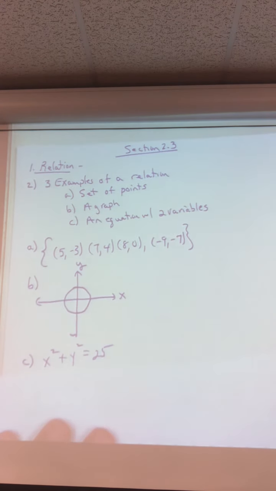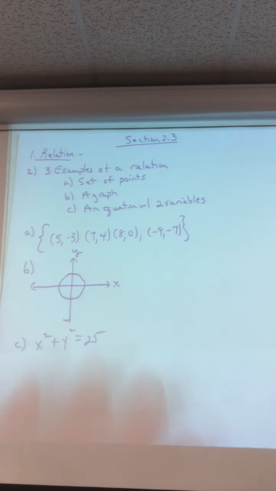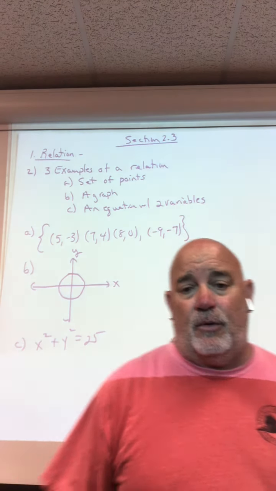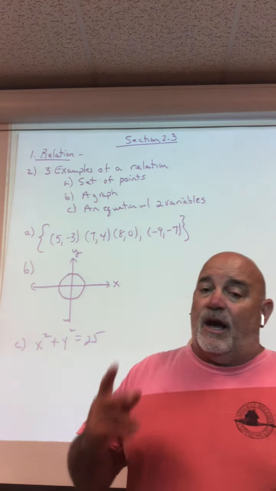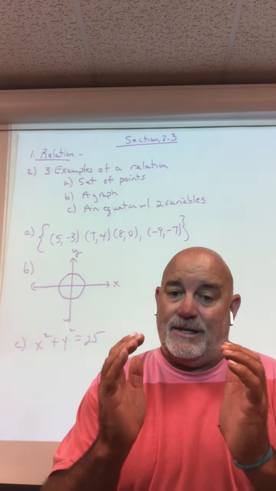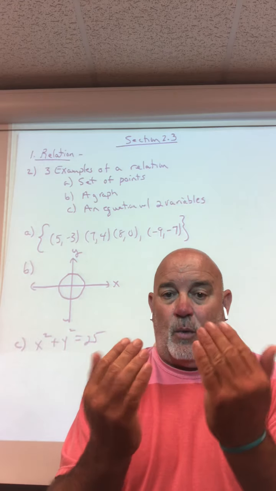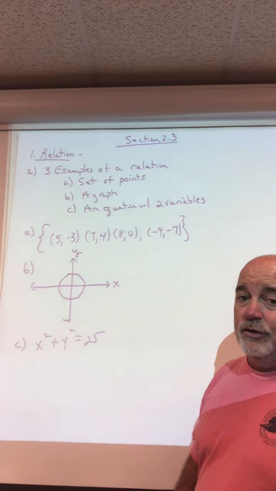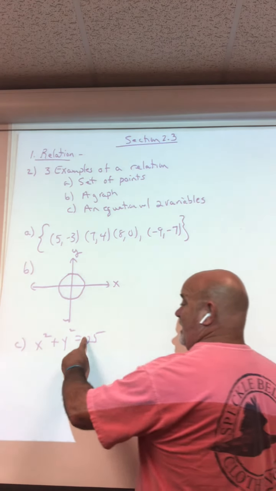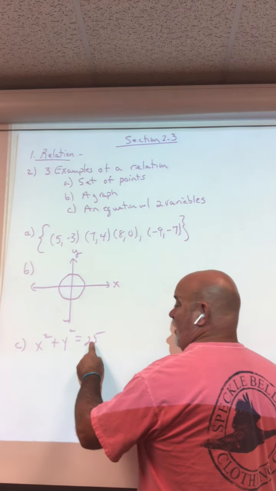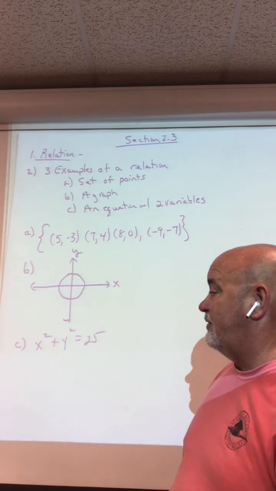But not only that, an equation with 2 variables. Now, why is an equation with 2 variables a relation? Because an equation with 2 variables, remember, has ordered pair answers. It has an x and a y that make one answer. Matter of fact, if you look at this right here, you should recognize this. This is the equation of a circle. The center is at 0, 0, and the radius is the square root of 25, which is 5.